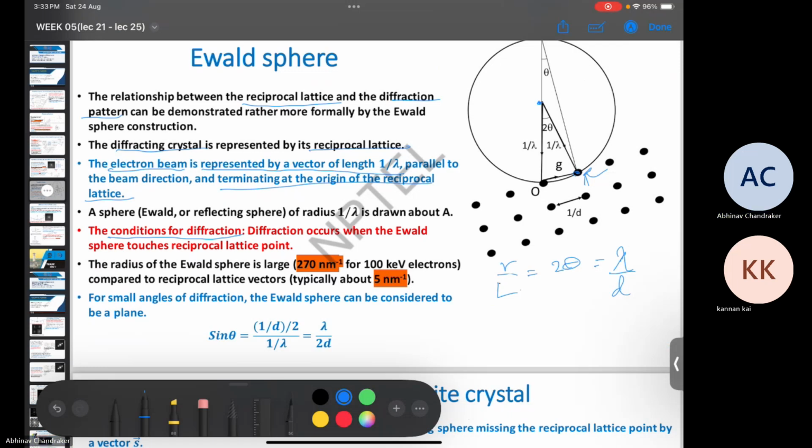So RD by L, so 1 by lambda can be written as L by RD.